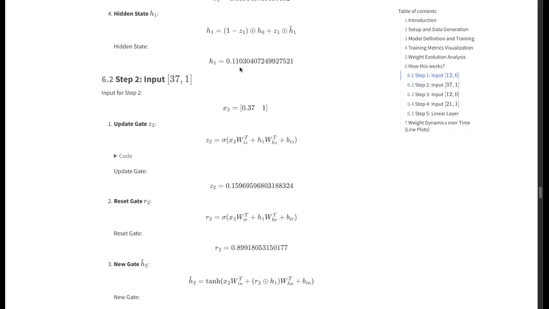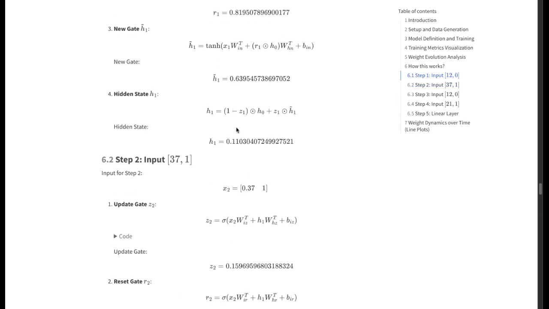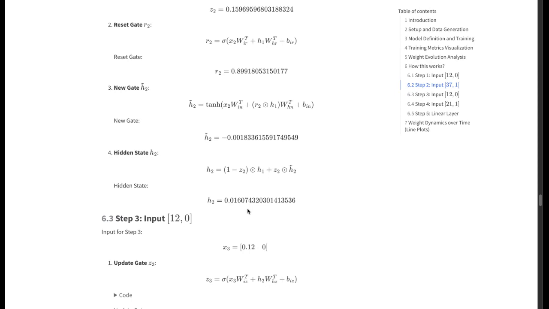You see here, in fact, at the beginning I had 0.11. This is not a good example, but yeah, it's a good example actually. So 0.11, and after the reset gate, after the update rule, the candidate is minus 0.001. So when you add it using this z parameter, at the end you obtain this, right?